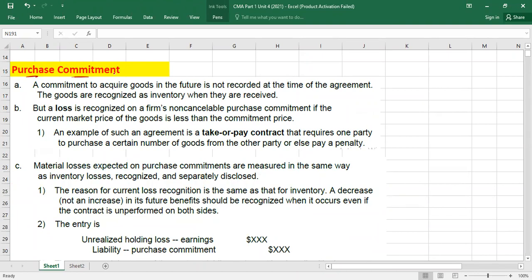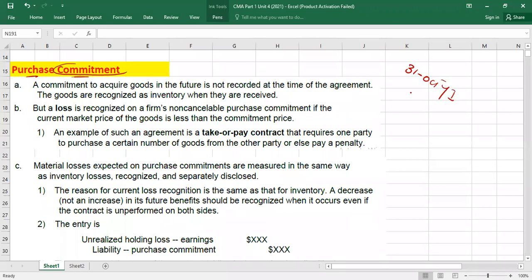So let's understand what purchase commitment is and what we are going to do. Commitment is a word like an agreement. For example, let's assume today is 31st October, year 1.